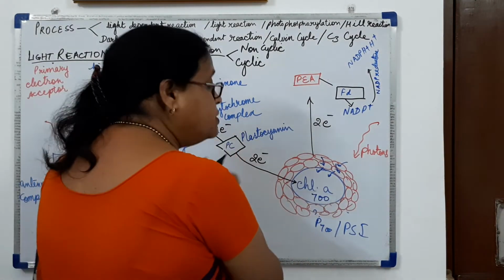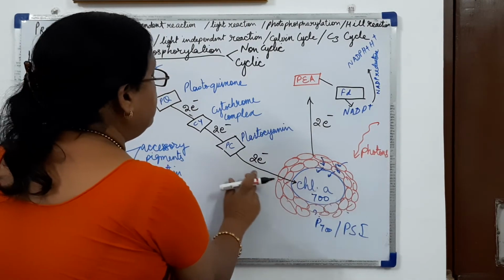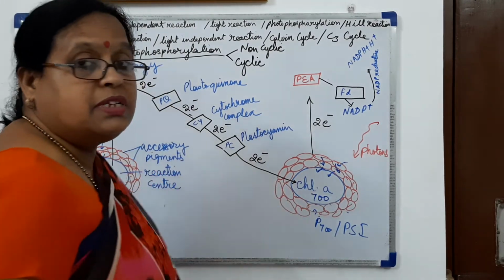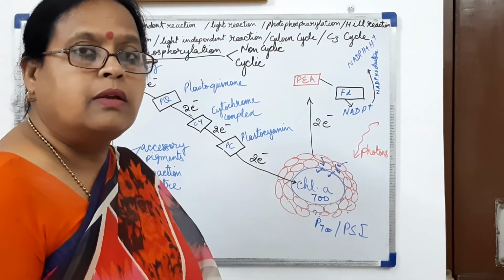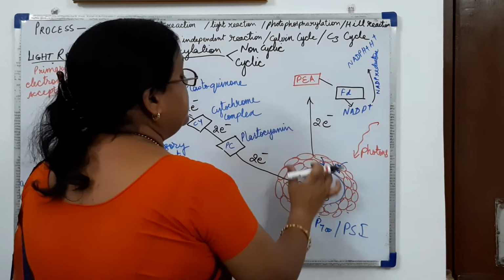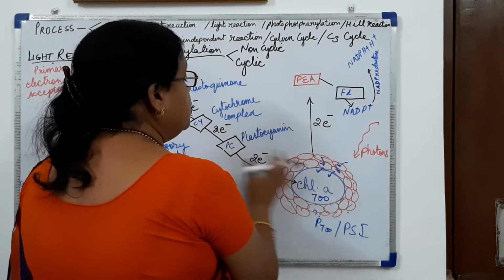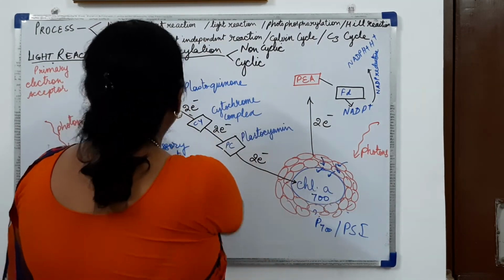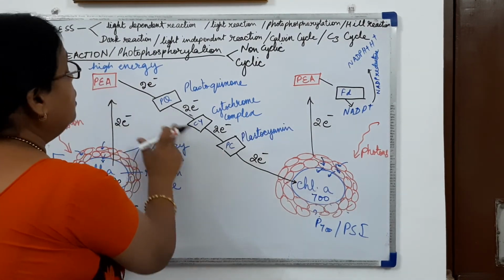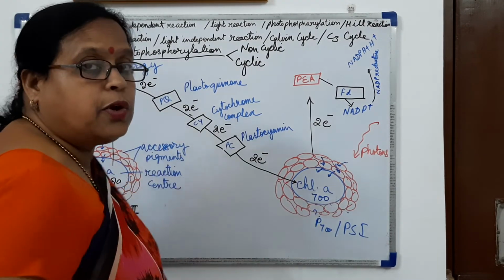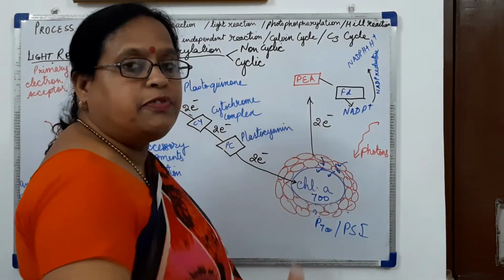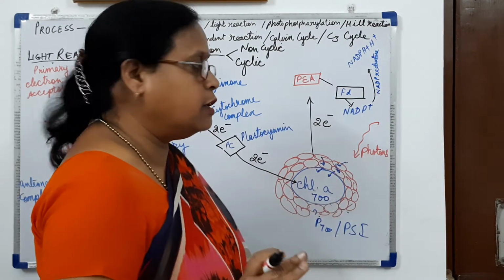This deficit is fulfilled by 2 electrons coming from pigment system 2 via all these electron acceptors.